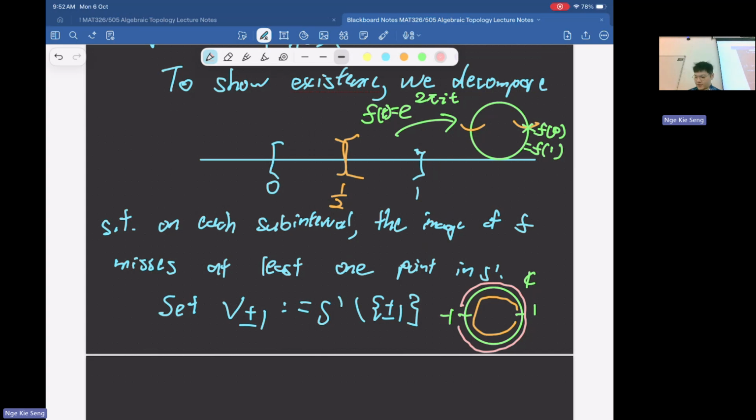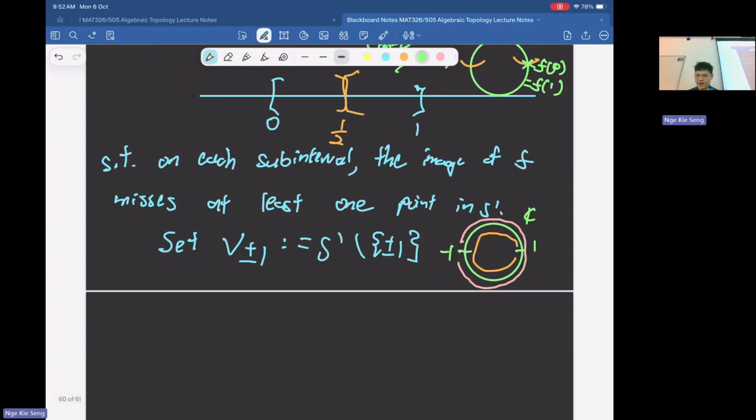Then we are going to use the Lebesgue lemma that we introduced last lecture. The point here is about compactness: chopping up the domain such that each piece lives inside some open set.